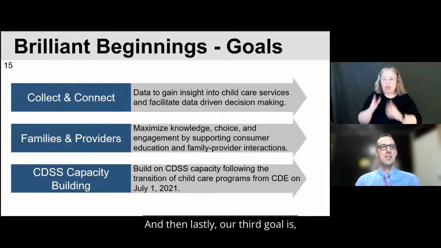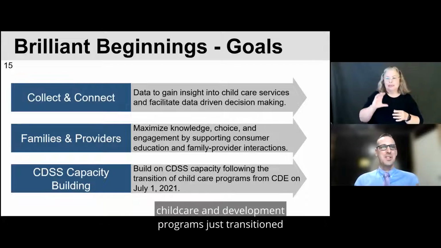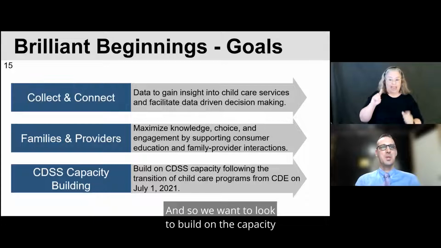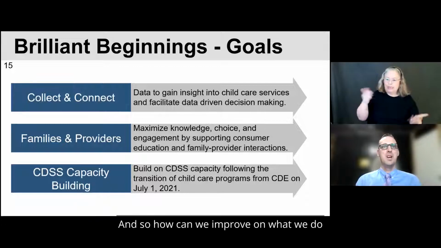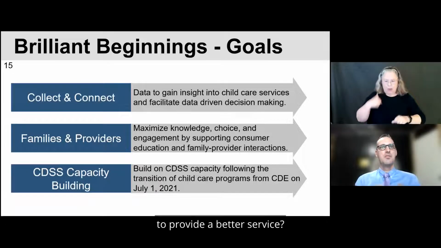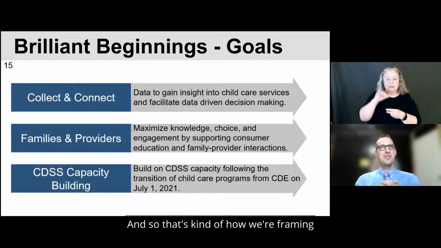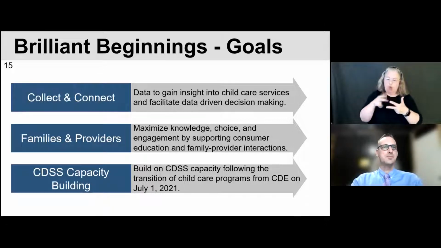And then lastly, our third goal is, as we mentioned, childcare and development programs just transitioned from the Department of Education earlier this year, so we want to build on the capacity of CDSS following that transition. How can we improve on what we do to provide a better service? That's how we're framing Brilliant Beginnings, this initiative, looking at those 3 goals.